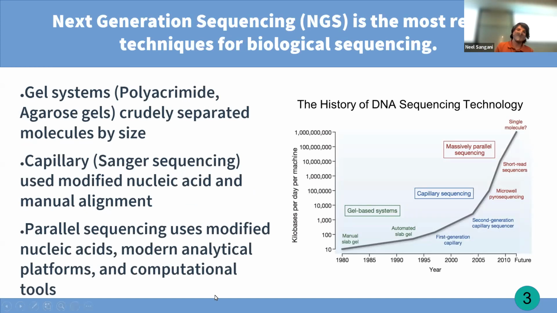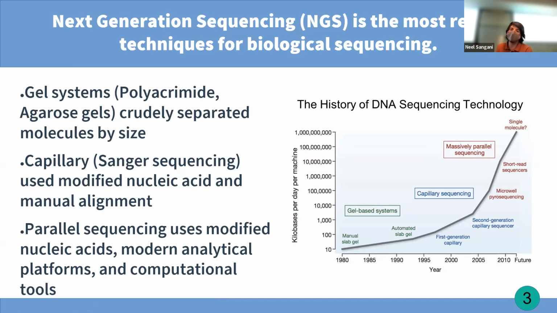All right. So next generation sequencing, or NGS, is just the most recent technique for biological sequencing. This is a nice time graph going from 1980 to relatively present day. If we go back much further than this, it just drops to zero.